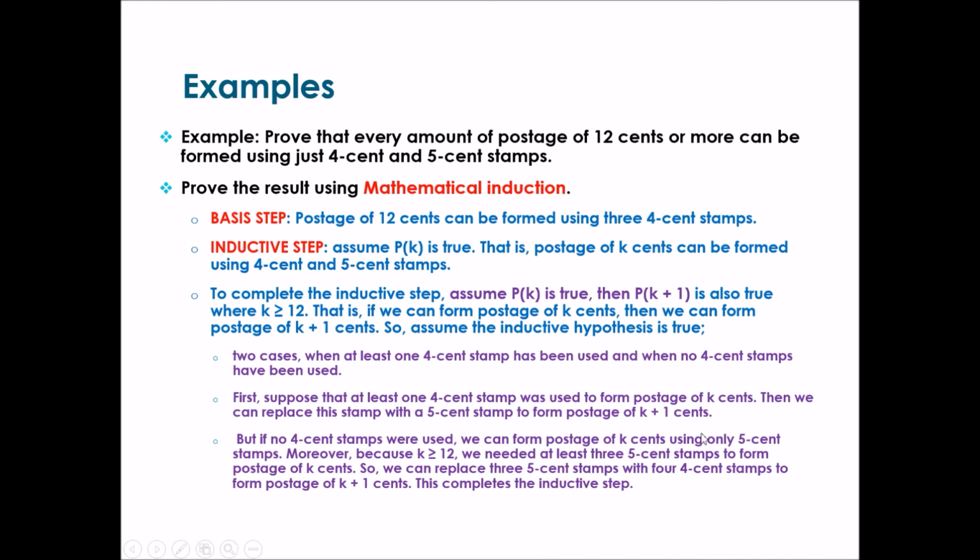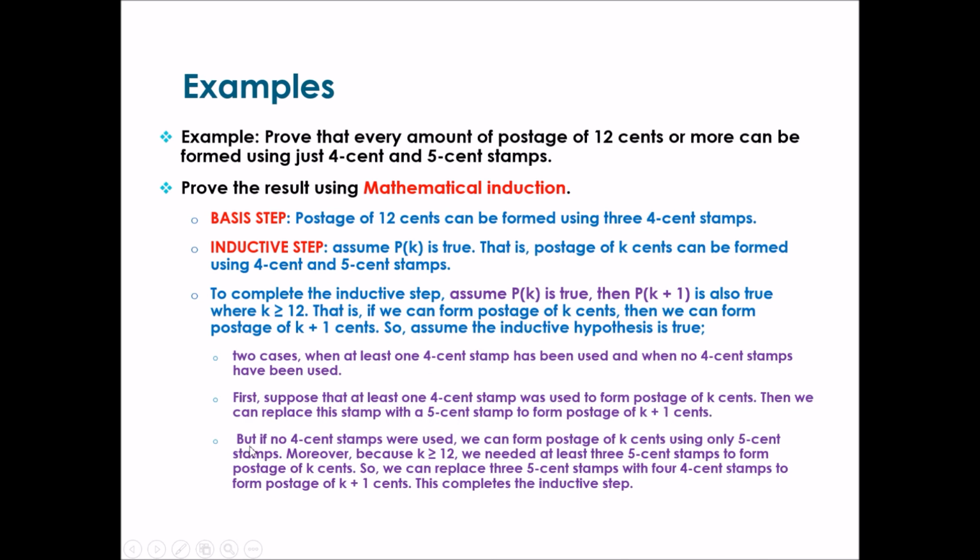So when we are trying to form postage of k plus 1 cents, then we just add 1 to a 4-cent stamp, and this will become a 5-cent stamp. The rest is already in the required form, so the 4-cent stamp becomes a 5-cent stamp, and our k plus 1 cents can be written with 4 and 5-cent stamps.